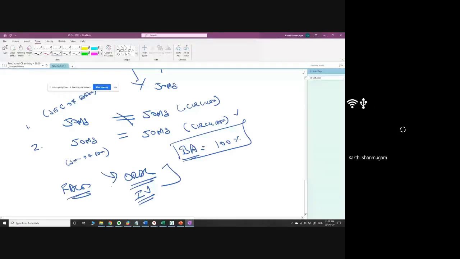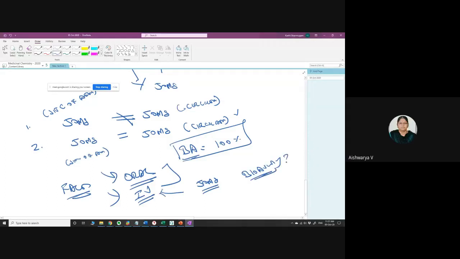Another very commonly used method is intravenous injection. If I take 50 mg of aspirin and go for intravenous injection, what will be the bioavailability? The bioavailability of intravenous will be higher than oral consumption.